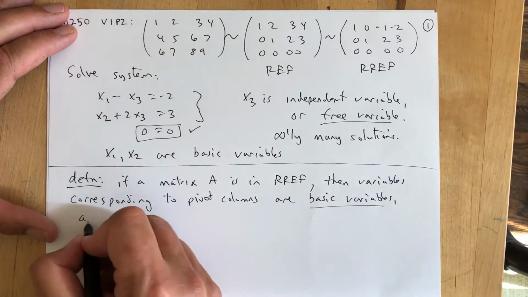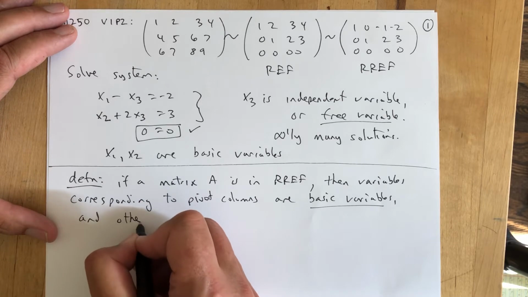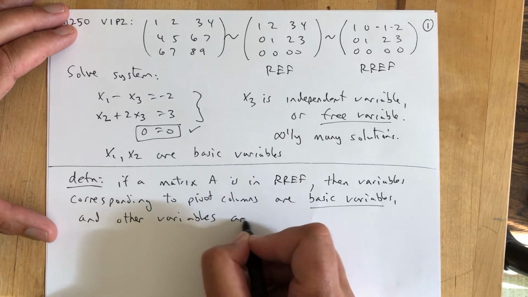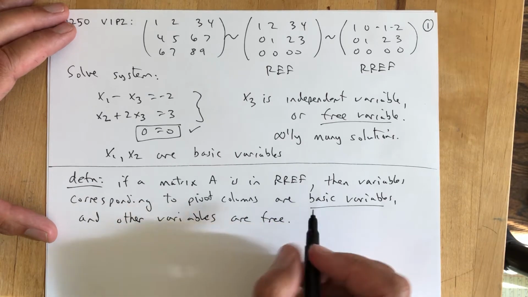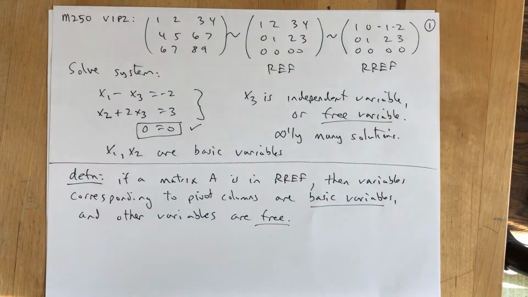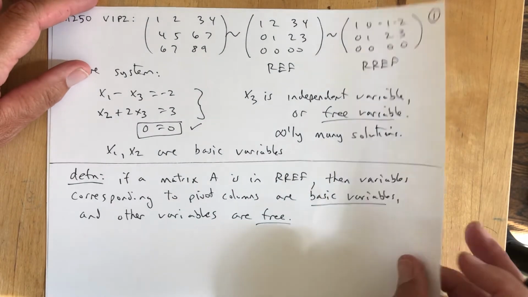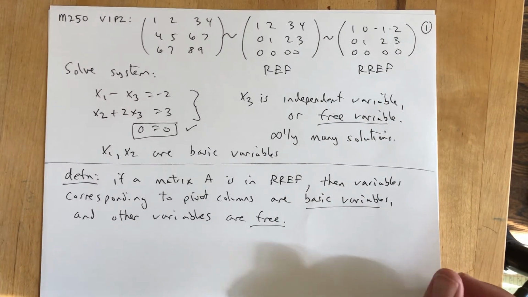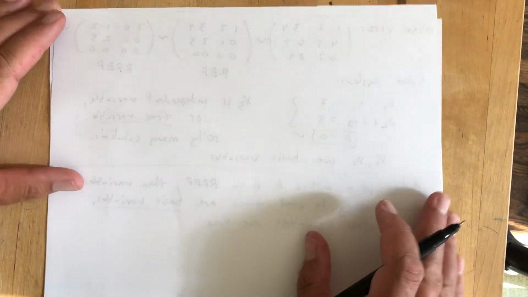And the other variables are free. And now this really brings home what the difference between a basic variable and a free variable is. Okay. And so we'll look at one really cool example, and then it'll clean all this up.